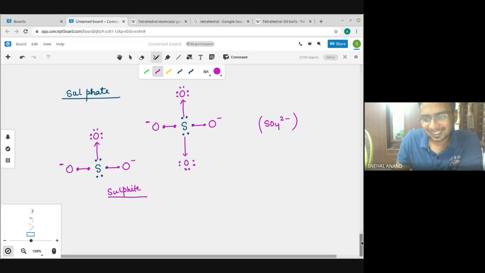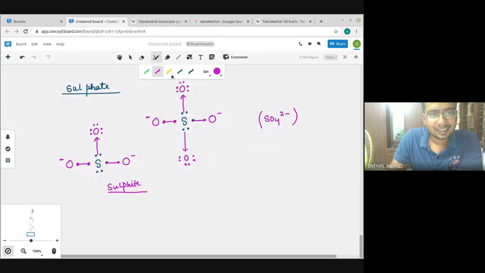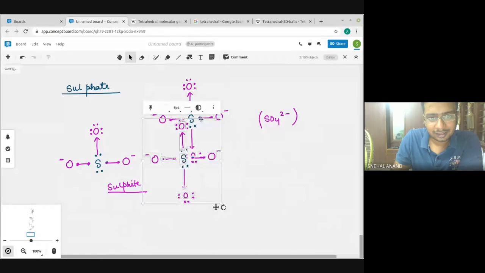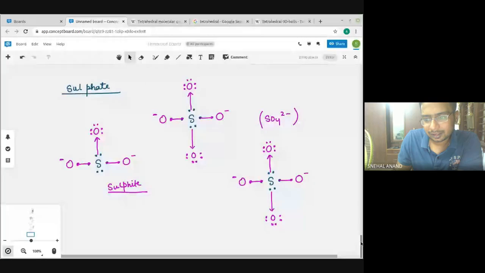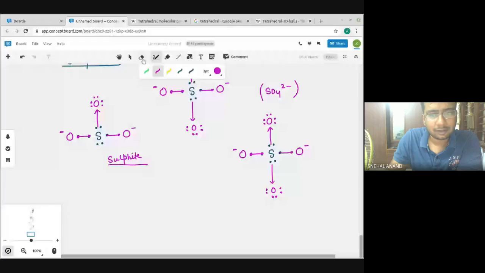Then some other day the sulfur has another mood. This oxygen decides, why take from someone else?